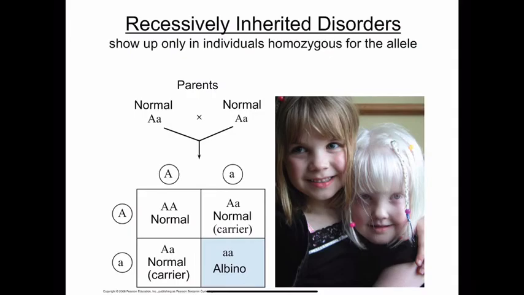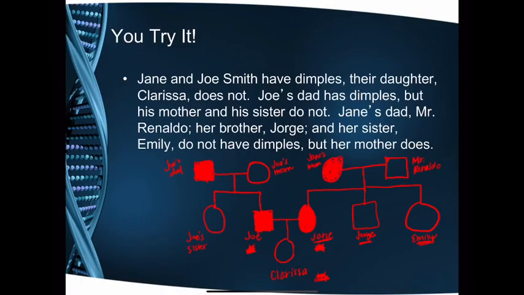So one other thing I want to say about genetic traits is that just because a trait is dominant doesn't mean it has to be dominant in the population. For example, in this case, we just identified dimples as dominant. Well, you and I both know that dimples in the population is not a dominant trait. You may have noticed in one of the problems you were working last week, I think it was achondroplasia.